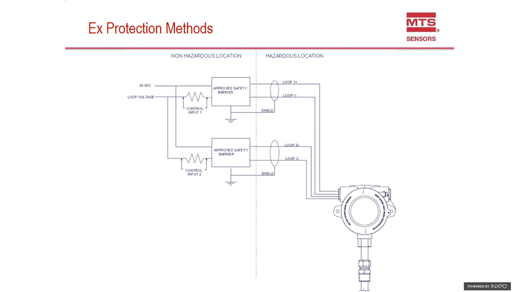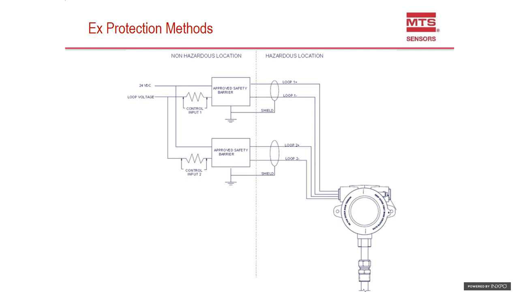Now, one common misconception that I hear a lot when talking to customers is if I put a safety barrier on the device, that makes it intrinsically safe. And this is not true. The safety barrier will limit the amount of energy that goes down the cable to whatever device is connected, but that doesn't mean that that device itself has been rated as intrinsically safe.